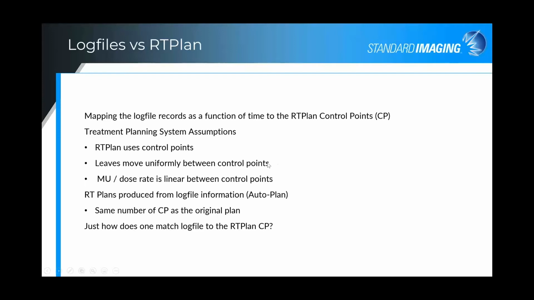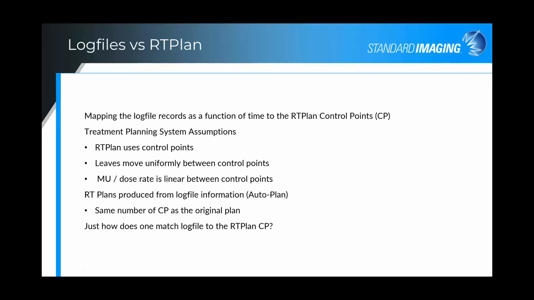So there are assumptions that are made between the control points. And the log files typically contain more information than does the plan. So then you have to make some decisions about how much of that information you want to keep. If you want to keep the same number of control points as the original plan, or all the information from the log files, which is pretty large, some systems have trouble importing that.